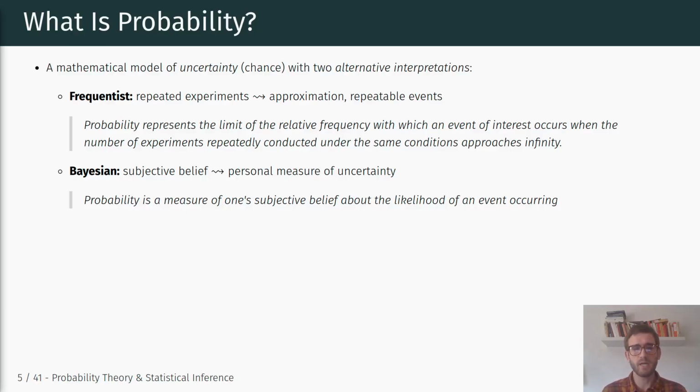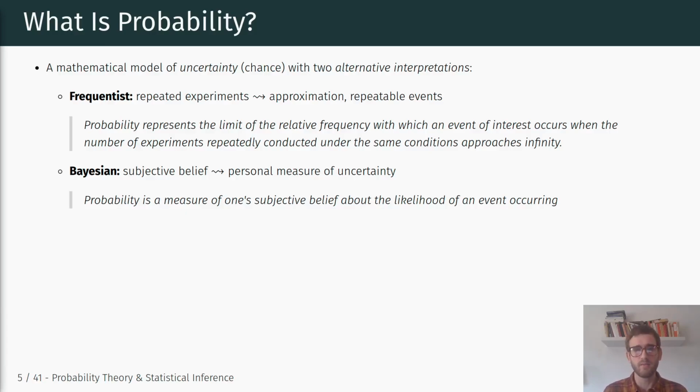Now, you might think that it might be problematic to bring subjective beliefs into scientific inquiry. But on the other hand, one can argue that incorporating prior beliefs and thinking about probability as a subjective belief, ultimately, well, it has two advantages.